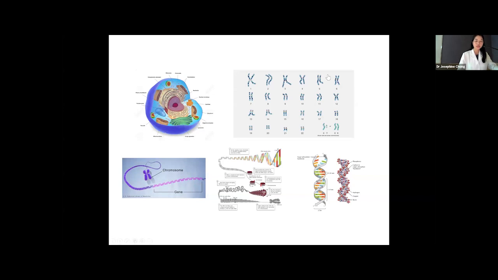In the past, we used karyotyping, which is what we call a karyogram. On this slide, you can see a karyogram, where we can identify the structure of the chromosome under a microscope.